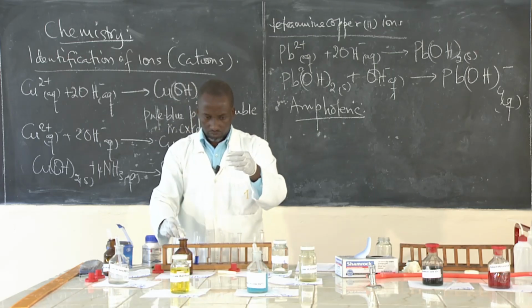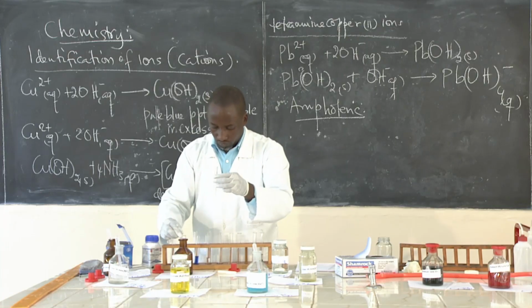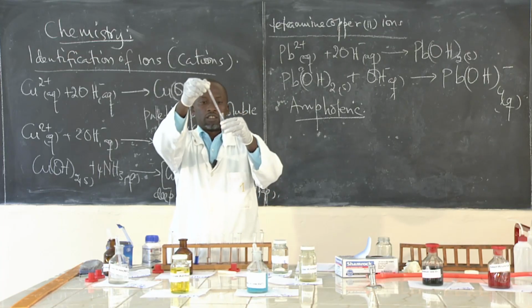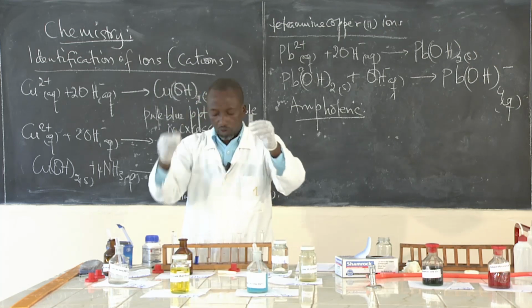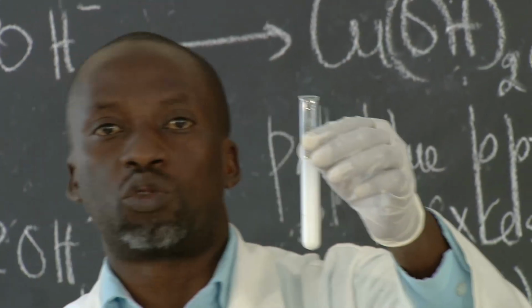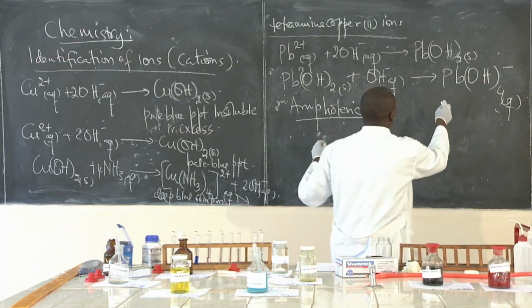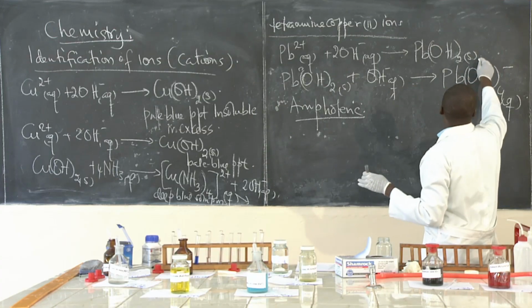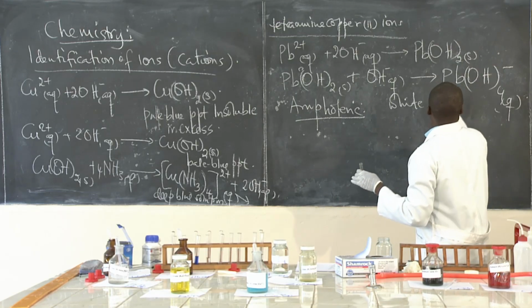Excess of ammonia. I think you can tell already that this precipitate is insoluble. It's not trying to change. So it is a white precipitate.